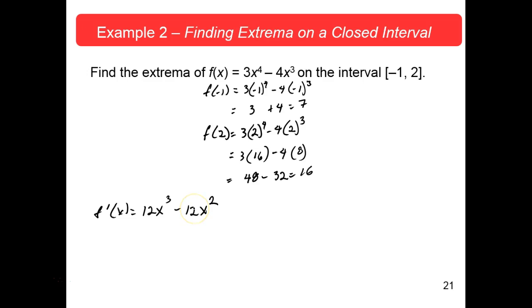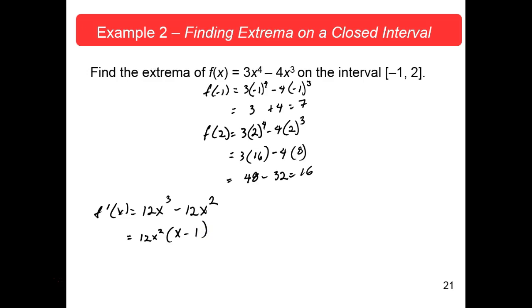Okay? And then what are we going to do with that? We can actually factor out a 12x squared, and that leaves us x minus 1. Okay? There's your first derivative.